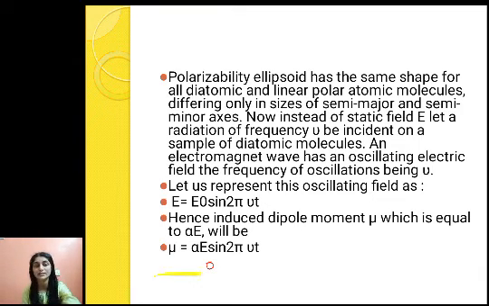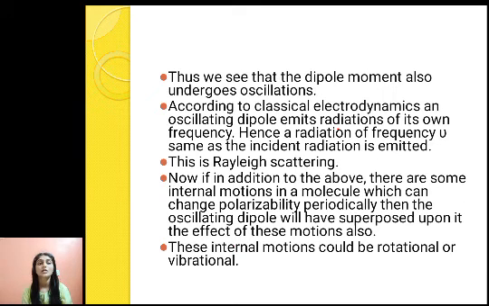So here you can see that mu is oscillatory in nature. According to classical electrodynamics, an oscillating dipole emits radiation of its own frequency. Hence a radiation of frequency nu, same as the incident radiation, is emitted here, and this is called elastic scattering, or Rayleigh scattering.